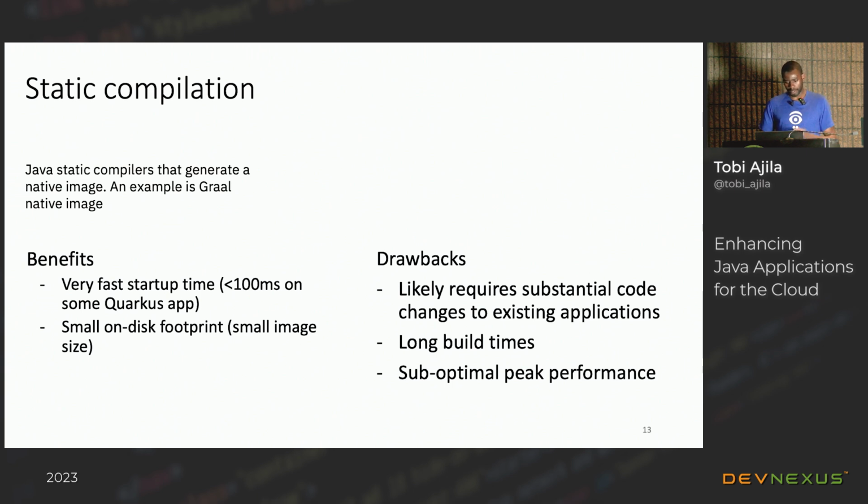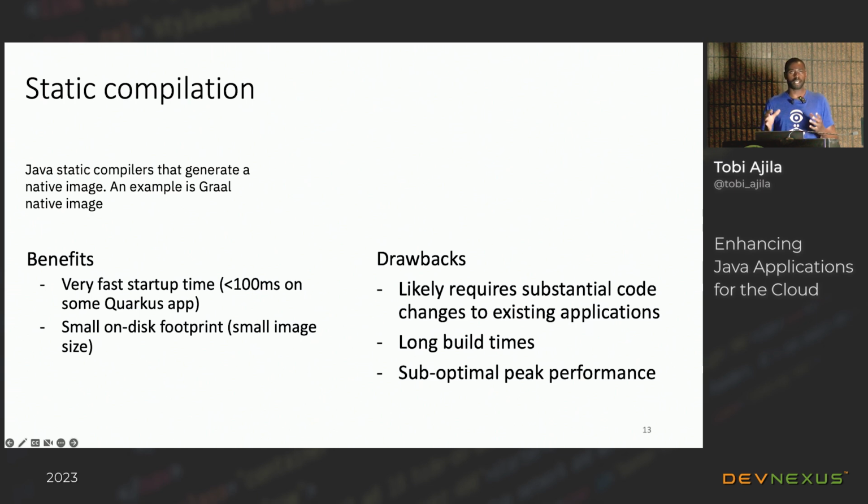Some other drawbacks are that it has very long build times because you are compiling a native application, so it's inherent in that process. And the peak throughput is not as high as it would be with the JVM.